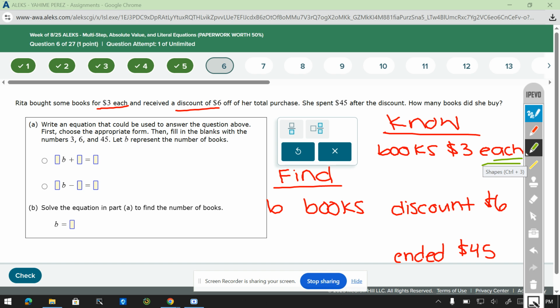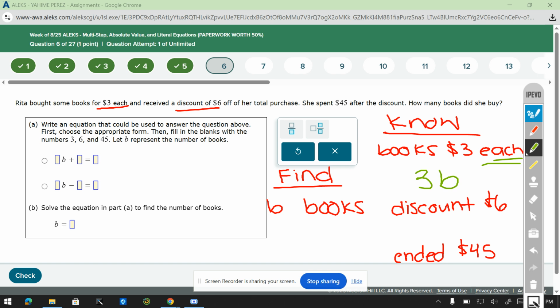How do I write 3 times books? 3 times books is 3b. When we mush together a coefficient and a variable, that signifies multiplication. So books being $3 each would be 3b.